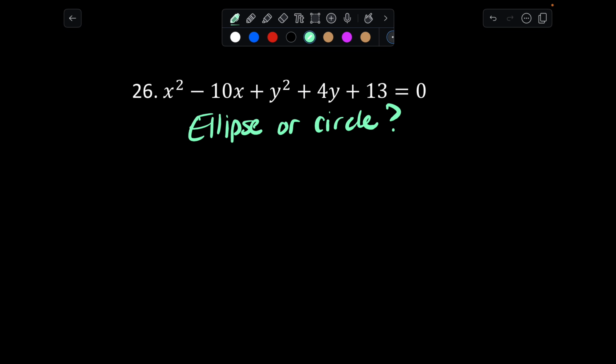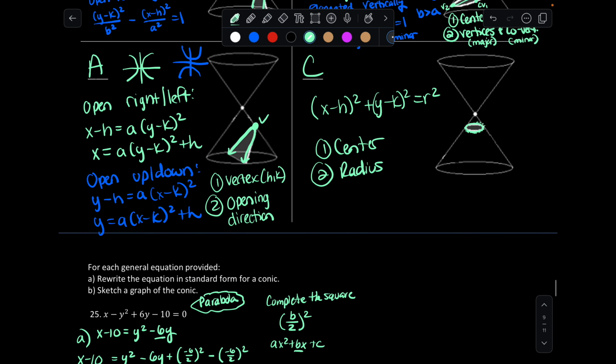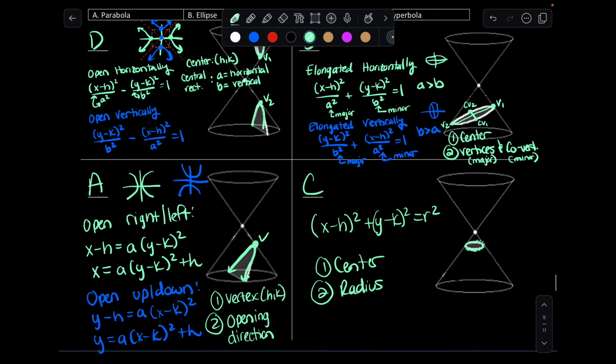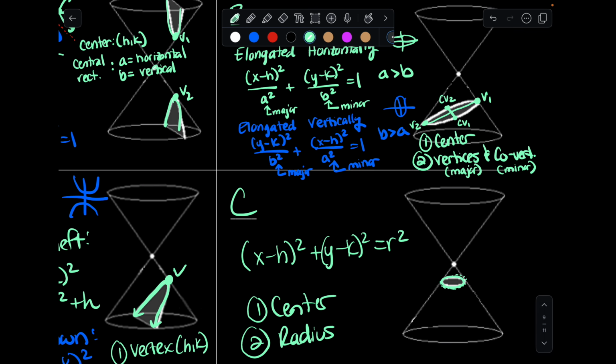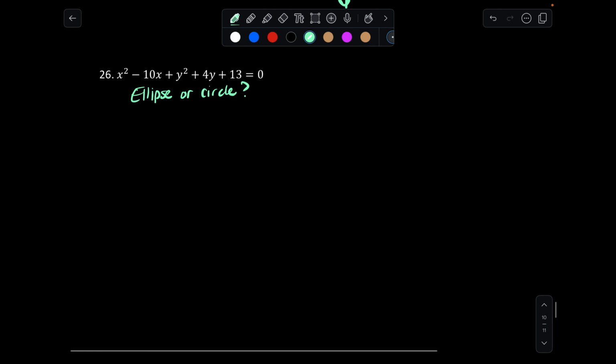So let's do it. Okay, so for an ellipse and a circle, if we go back up here, neither of them have an isolated constant on the left side. All right, so let's move our constants to the right.